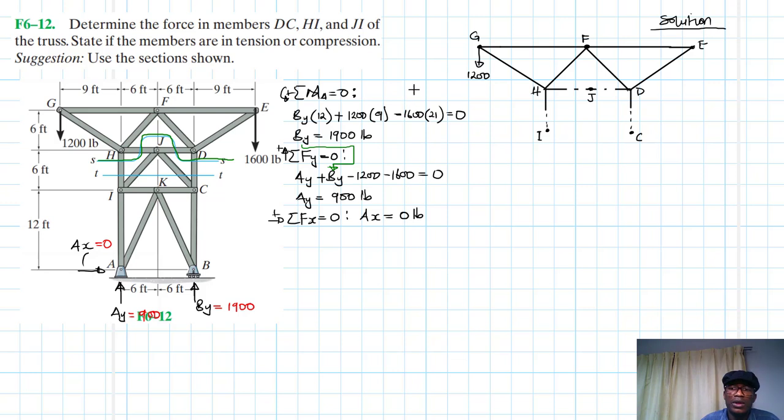Great. So at this point, we are going to, of course, indicate the load there, which is 1600. And then let's also assume the directions. Let's say this section is in compression. Let's say this is in compression. Okay, and also this one in compression.